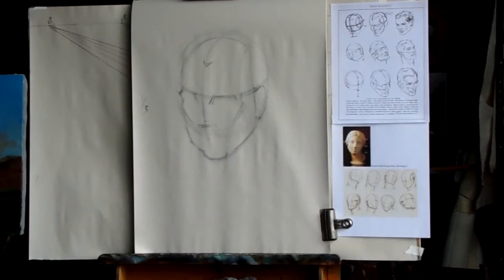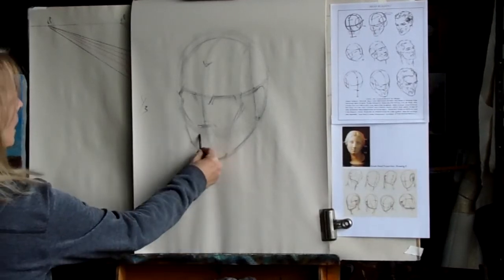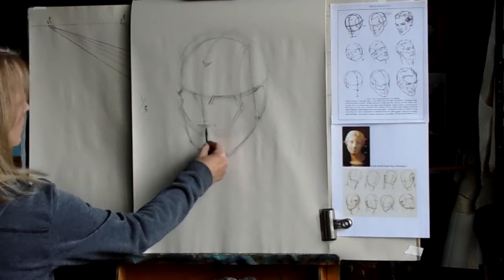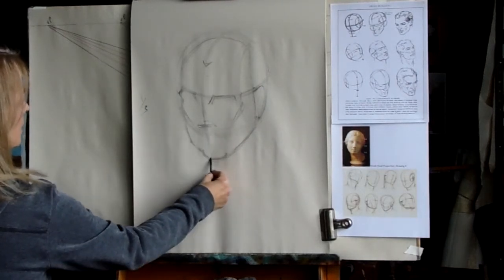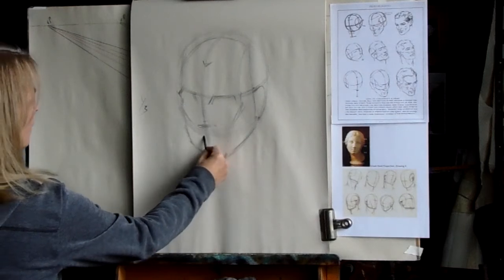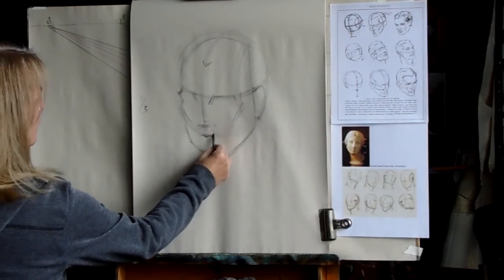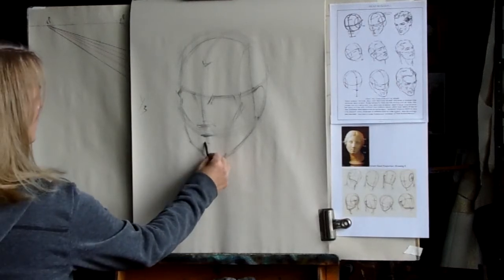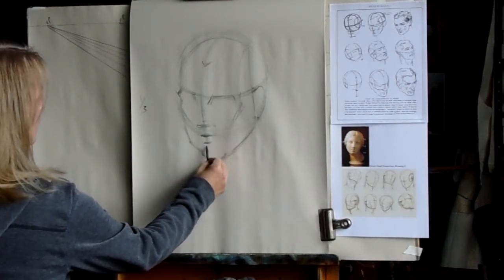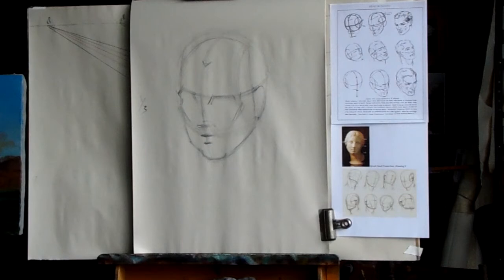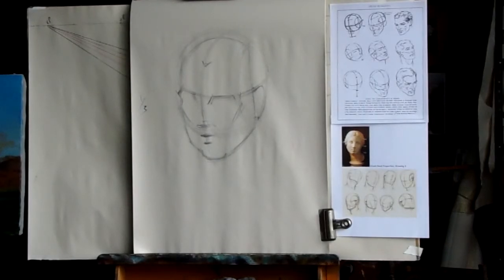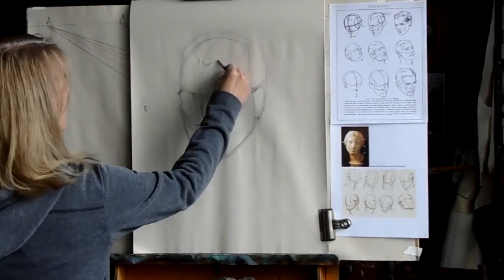Where does the mouth fall? Now Loomis said the upper lip is about 1/3 down within this space from the base of the nose to the chin. So this is my upper lip, and I always like to put the little shadow under the lower lip when I do my construction. All right, so this is our hairline.